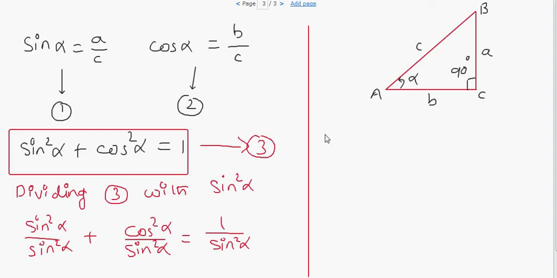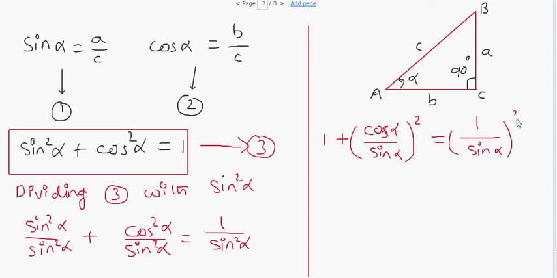Now that becomes 1 plus cos alpha over sine alpha, squared, equals 1 over sine alpha squared, because 1 over sine squared alpha can be written as 1 over sine alpha squared, which is same as 1 over sine squared alpha.